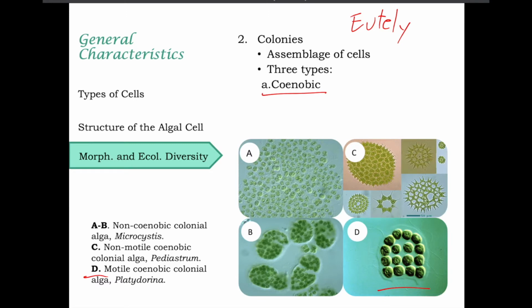Okay, so these types of colony have a specific number of cells, kind of like your C. elegans. Remember from your Zoo 111? Your C. elegans has a certain number of somatic cells when they reach maturity. So it's a very good model organism for genetics because of that.